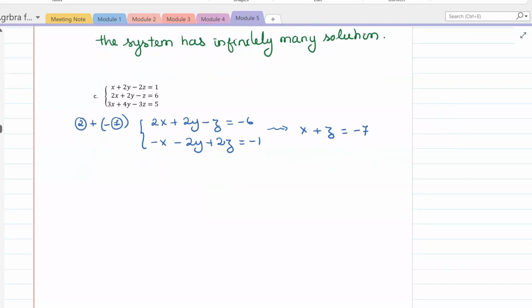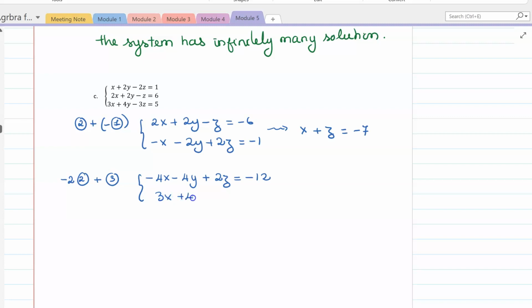And since I already eliminated y, I need to stay with it. So I will take equation 2, multiply equation 2 by negative 2, and add it with equation 3. So negative 2 times equation 2 is negative 4x minus 4y plus 2z equals negative 12.